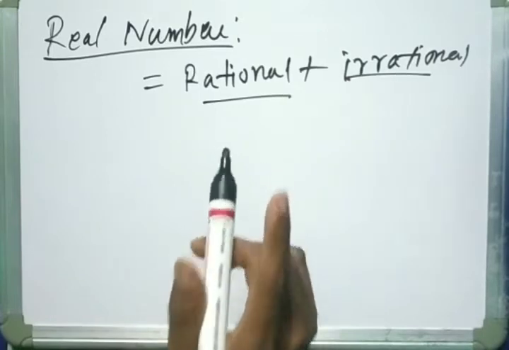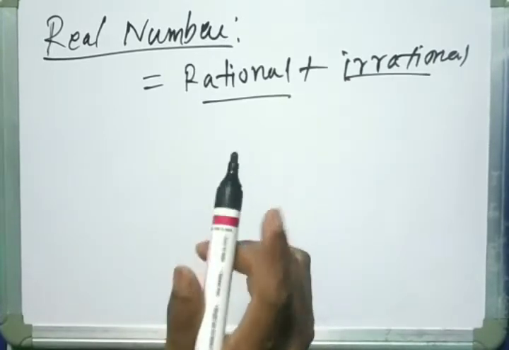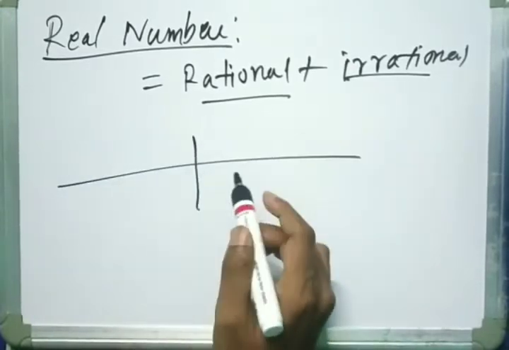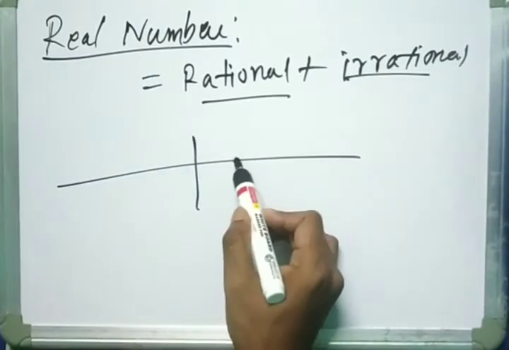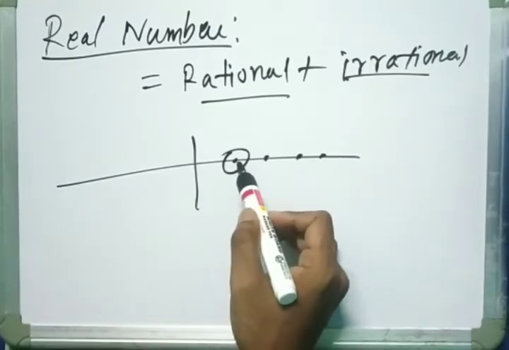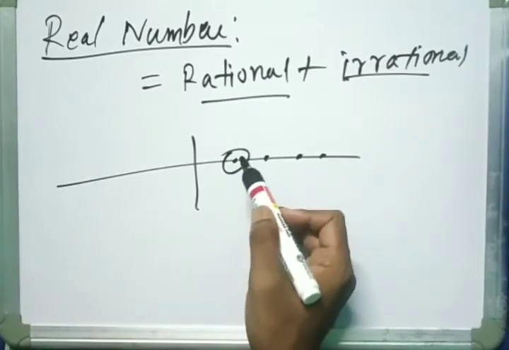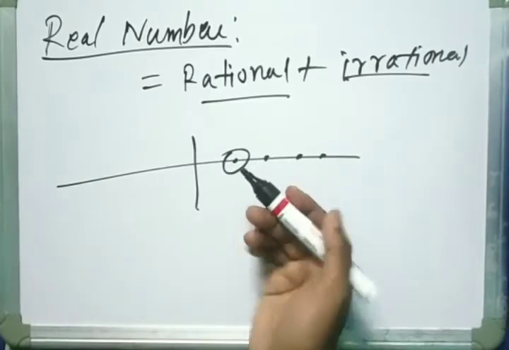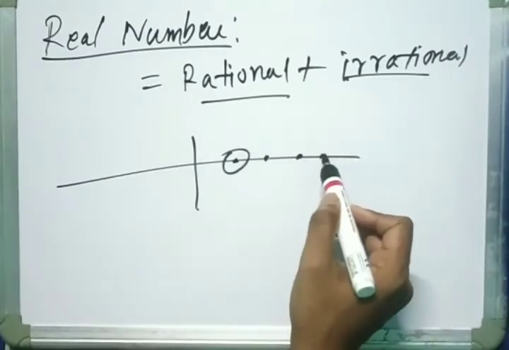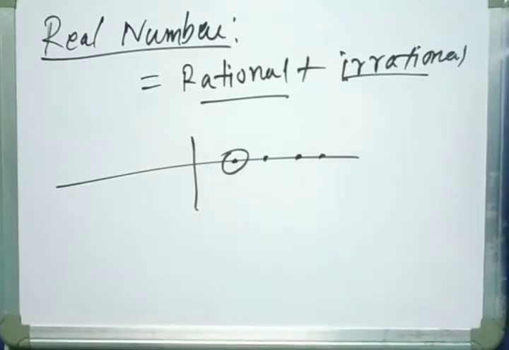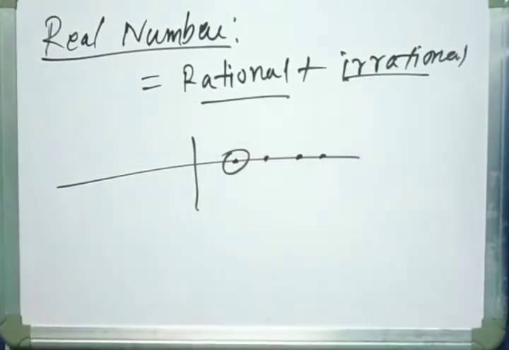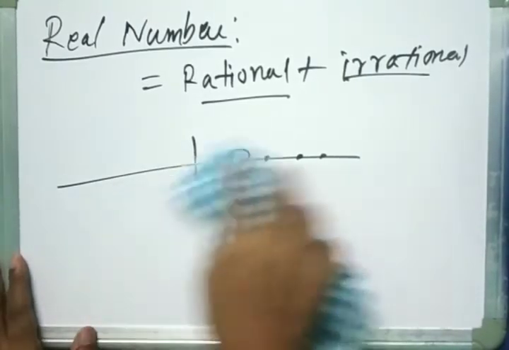Every point on the number line represents a unique real number, means every point on the number line, suppose these points, this one, represents a unique real number. Definitely real numbers mean rational or irrational, so these points all are unique. Okay, so a real number is a set of rational plus irrational numbers.